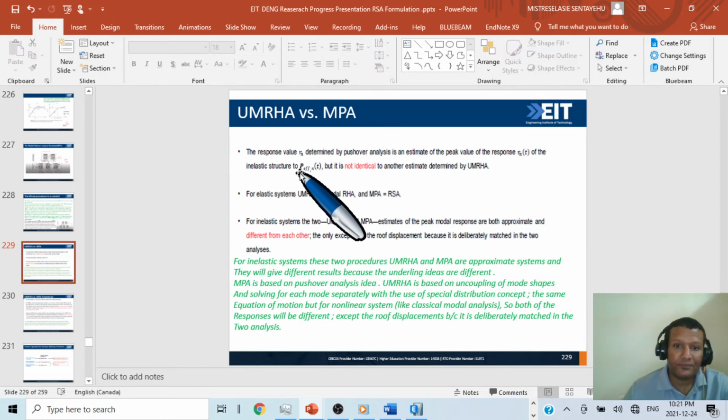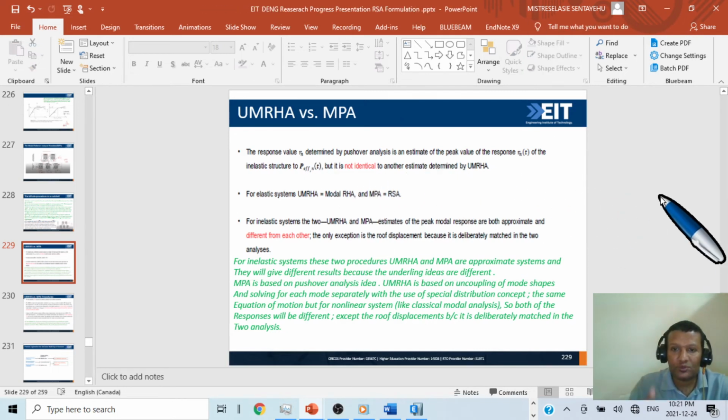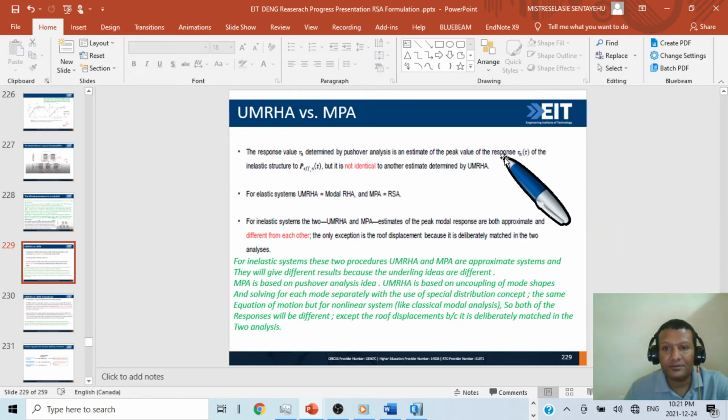In UMRHA the force is applied once, and we extract the response for each nonlinear single degree of freedom system, but MPA gives us only the peak. For elastic analysis, UMRHA is equal to modal response history analysis, and MPA is the same as response spectrum analysis. There is no change for elastic.